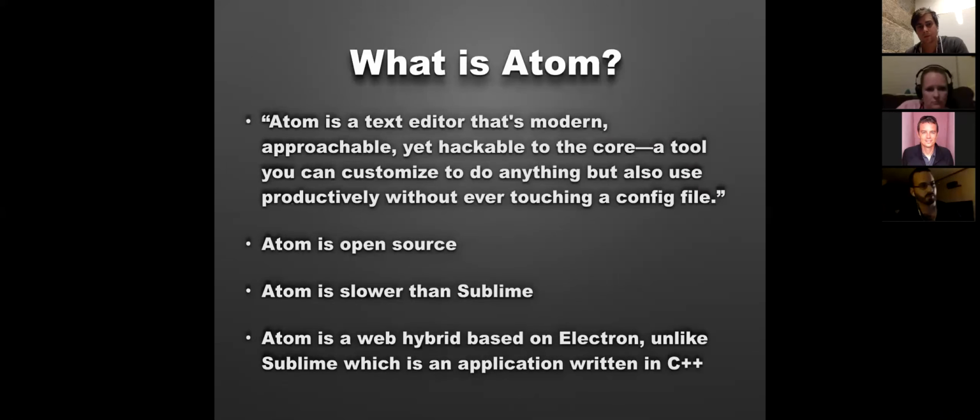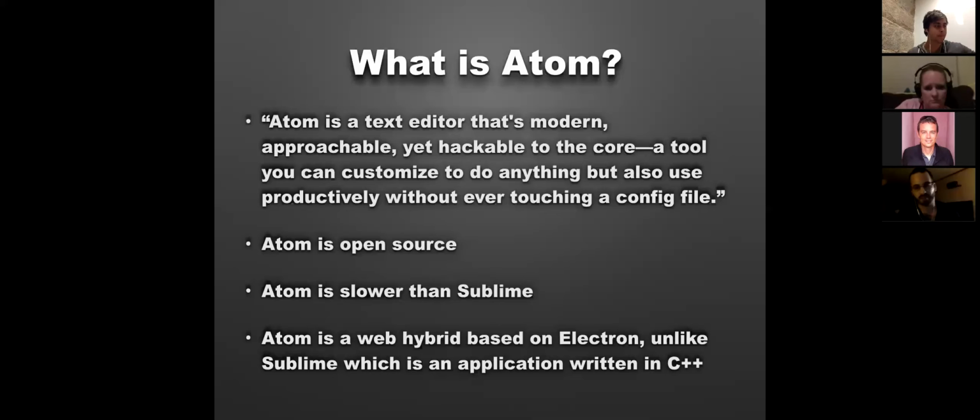What GitHub describes it as is a text editor that's modern, approachable, yet hackable to the core, a tool you can customize to do anything, but also use productively without ever touching a config file. Atom is open source, which I'll get into later because there's a bunch of packages and installations available. Atom is slower than Sublime. One of the main complaints about Atom is that it takes like 5 seconds to load up.